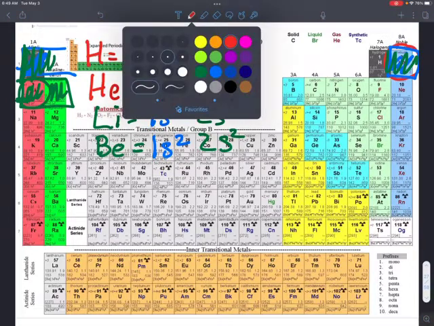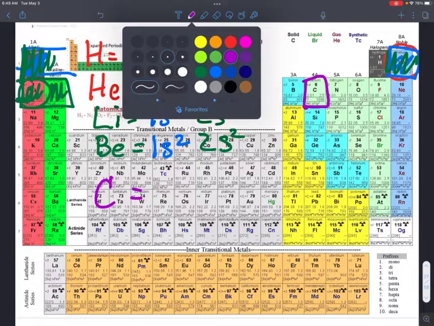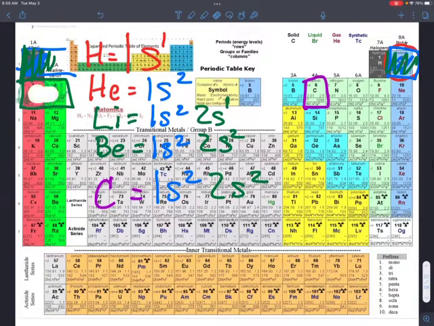Let's do maybe 2 more here real quick. So let's say that we're going to now fill in for carbon. Carbon, we know that the first row was filled up. If I'm reading this like a book from left to right, I'd have to fill in these, this one and this one first. So that's where that 2 comes from.